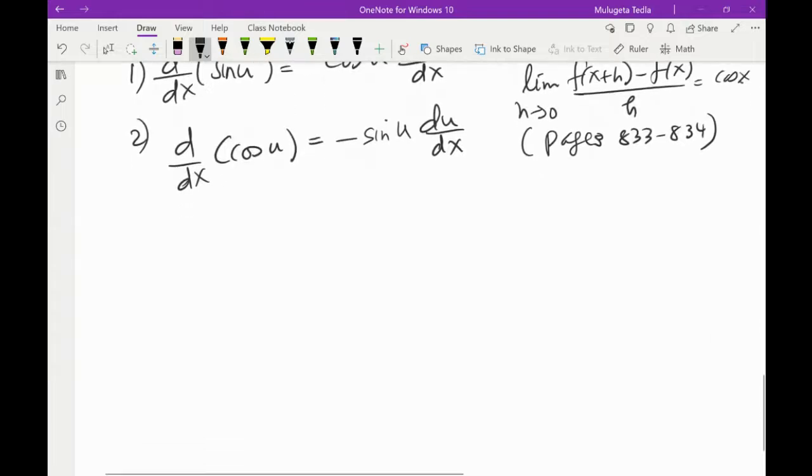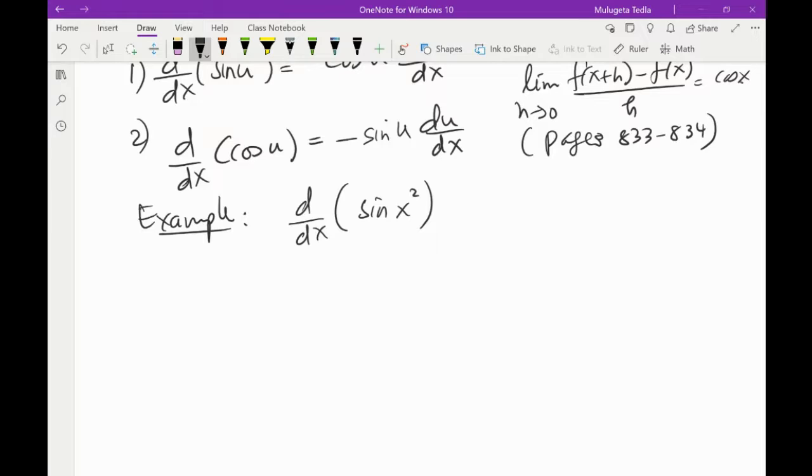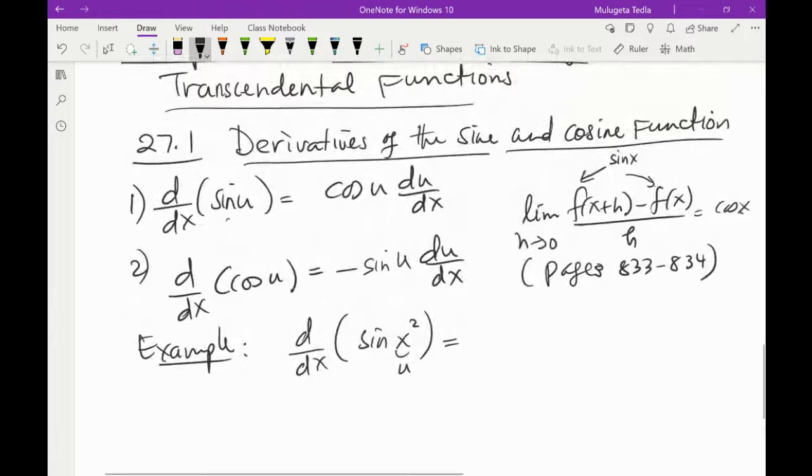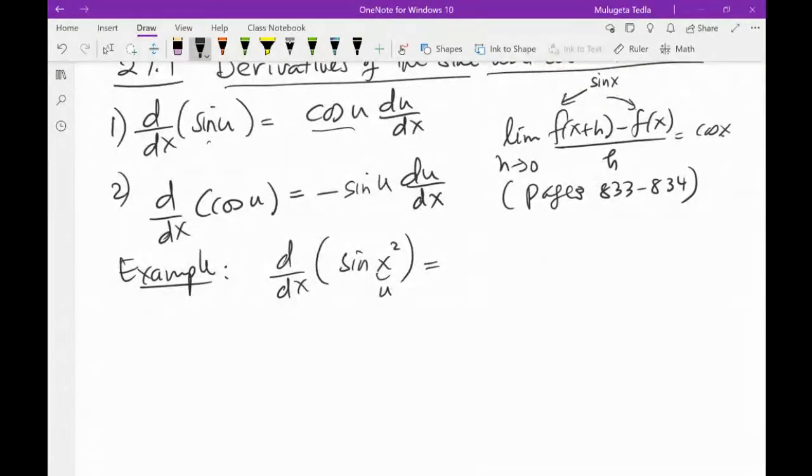For example, what is the derivative d by dx of sine of x squared? Your u is x squared. The derivative of sine is cos of the angle times the derivative of the angle, which is 2x.